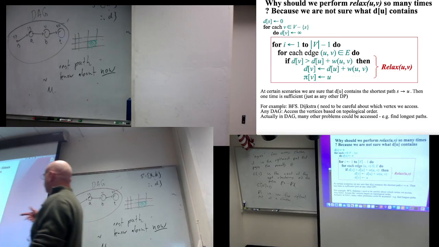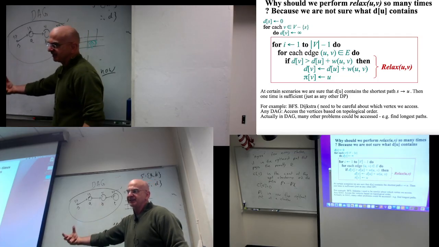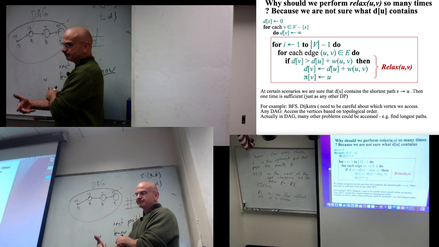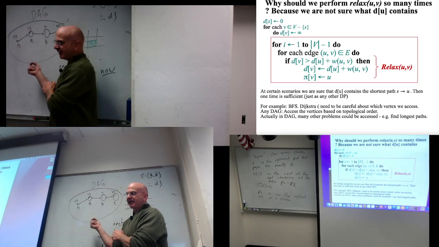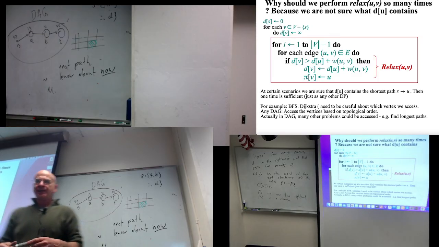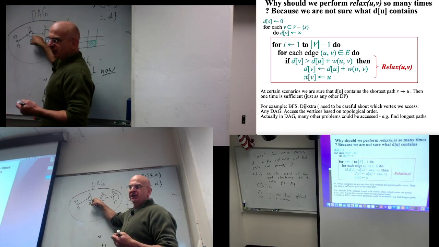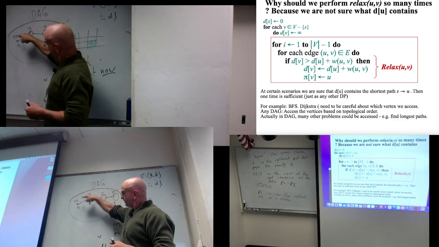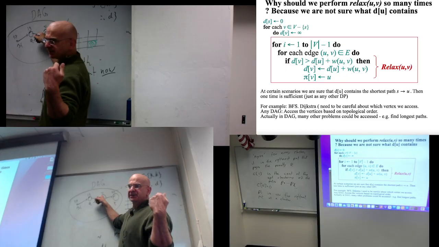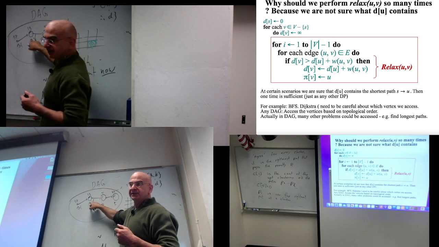And using our principle of dynamic programming, we want to memorize values such that when I need a value, it's already computed. I don't want to call anything recursively at this point. When I need to know what D of U is, it's prepared for me in my memory. So if this is a path and I access the vertices in topological order, then I'll access A only after I access S. And S, by assumption, knows its value, and using the same lemma that we just showed, after I access S, A knows the distance to it.